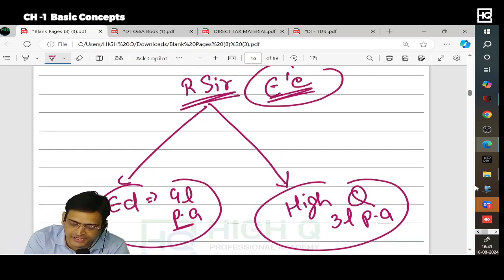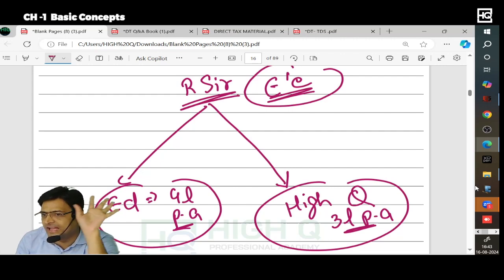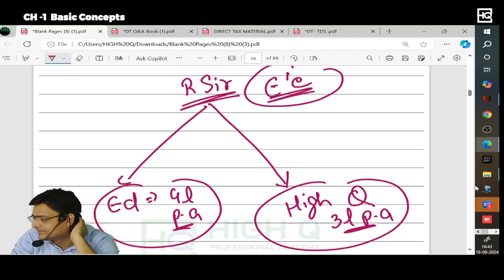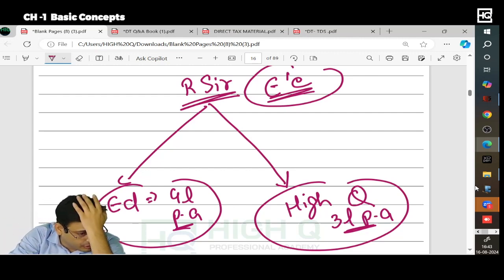Employer will deduct it individually, means Adnovate will deduct on 4 lakhs, IQ will deduct on 3 lakhs TDS, or it will be taken together and TDS will be deducted. Think and tell me. If employee is working with more than one employer, then how TDS will be deducted? It will be deducted individually or it will be deducted together?